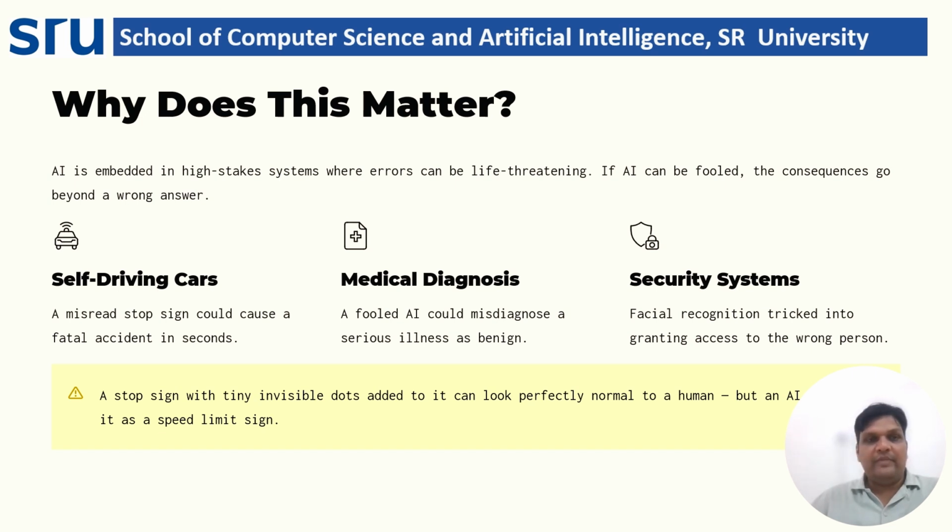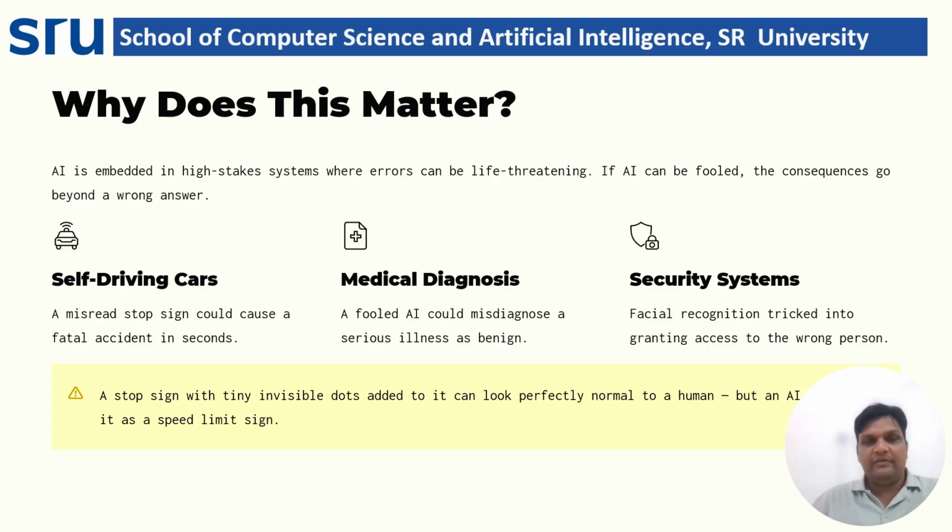Why does this matter? AI is embedded in high-stakes systems where errors can be life-threatening. If AI can be fooled, the consequences go beyond a wrong answer. Self-driving car: a misread stop sign could cause a fatal accident in seconds.